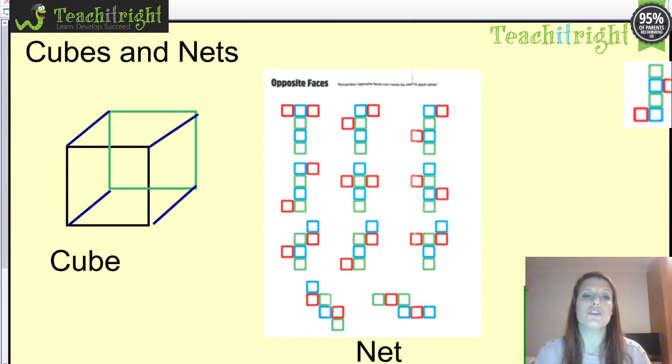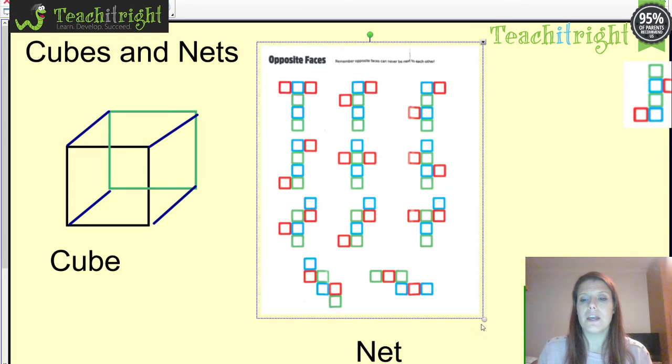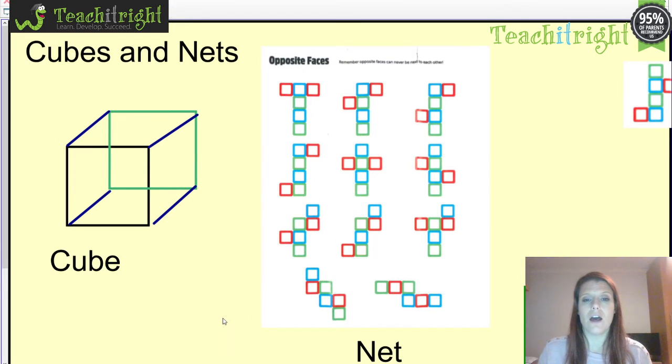Okay, so moving on to cubes and nets. So here is our cube. It's a three-dimensional shape using two-dimensional square faces. A net, as you probably know, is an unfolded version of the cube. What the cube would look like if it were unfolded and laid out flat. And there are actually 11 different nets that can make a cube.